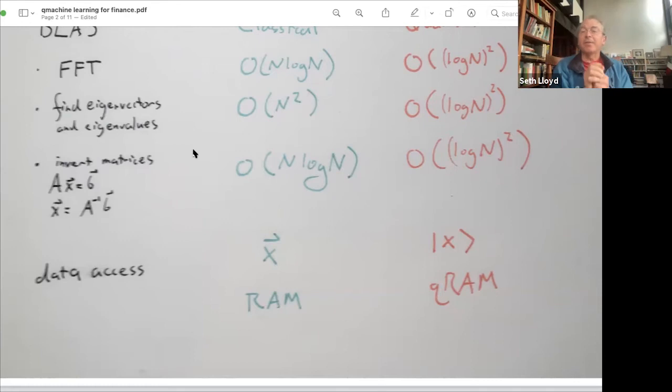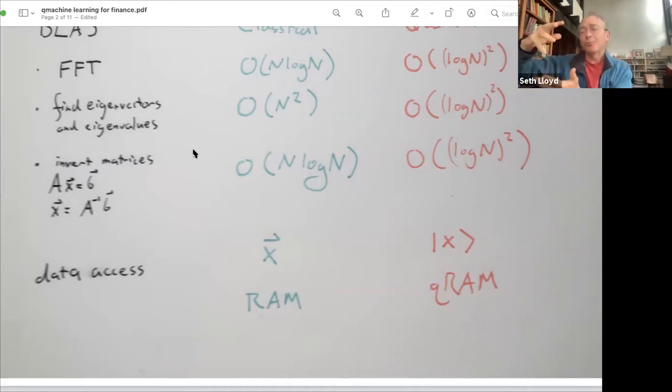Let me answer that right away because it's such a great question. If we look at the algorithms that we've been developing for doing quantum machine learning, where we simulate them and see how they work, the ones that work best are the ones where we combine quantum machine learning and classical machine learning in a hybrid fashion.